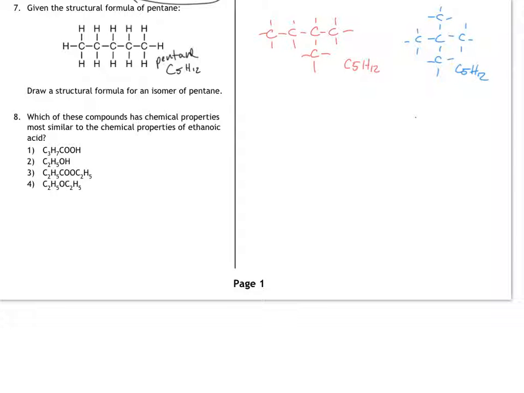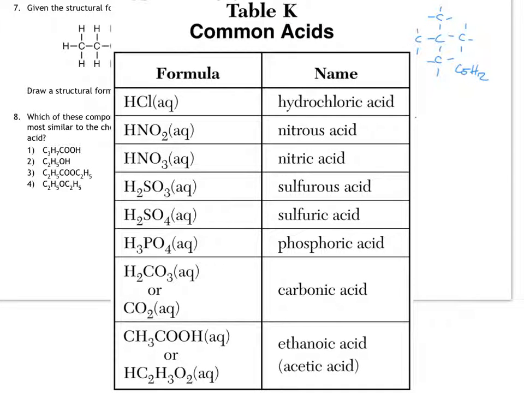And then number 8, which of these compounds has the chemical properties most similar to the chemical properties of ethanoic acid? So I bring up table K because it also shows me an organic acid for ethanoic acid, which was also in the question. And I just wanted to point out that an organic acid like ethanoic acid always will have this COOH attachment when it's written in its condensed structural formula.